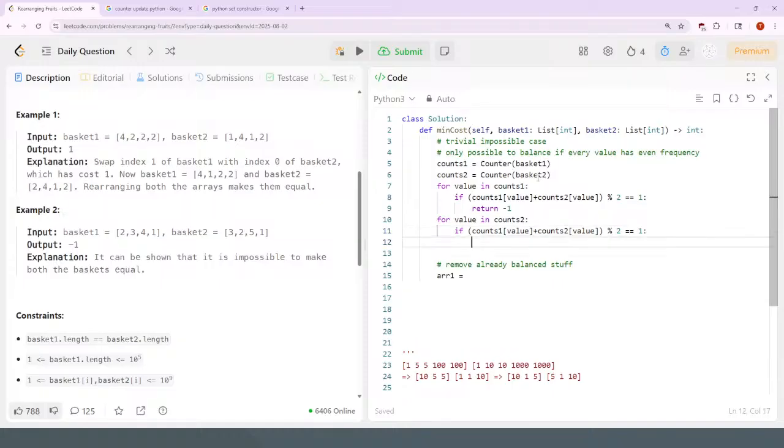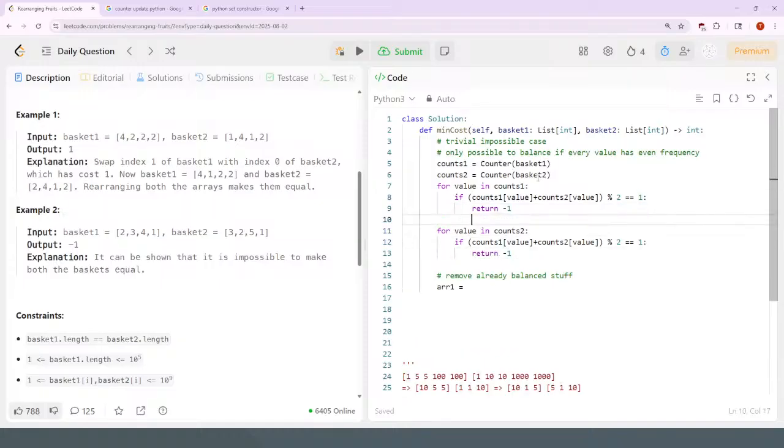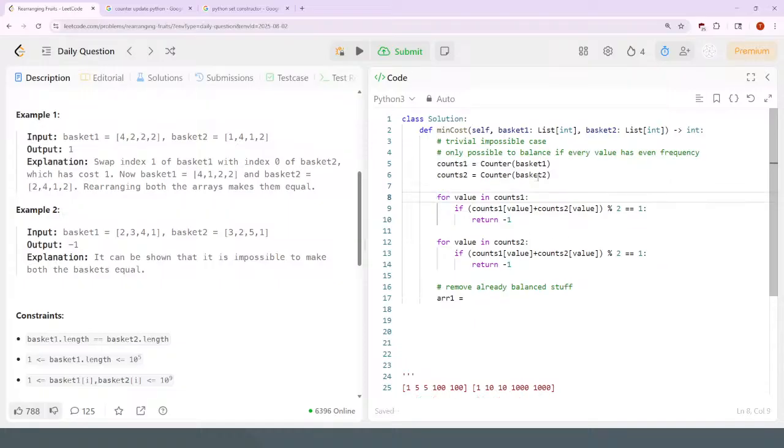I think this might be faster than creating a set of all the values from both counts. Alright, so let's go. This seems not optimal or slow, but I'll just go for array 1.